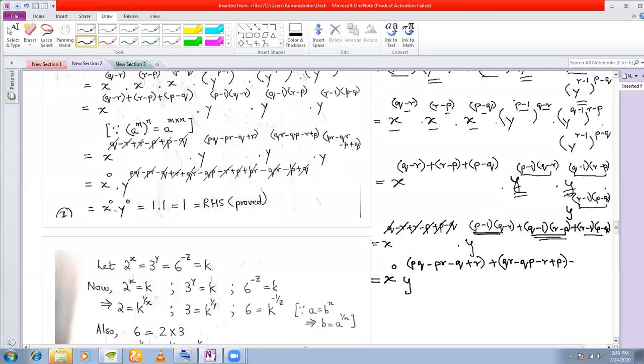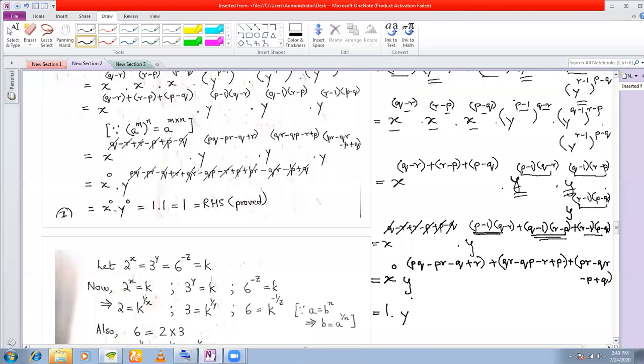And this one would be pr minus qr minus p plus q. Okay, now open the bracket. This changes to 1. x to the power of 0 is 1.